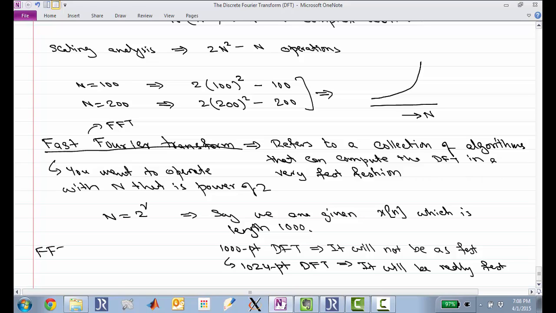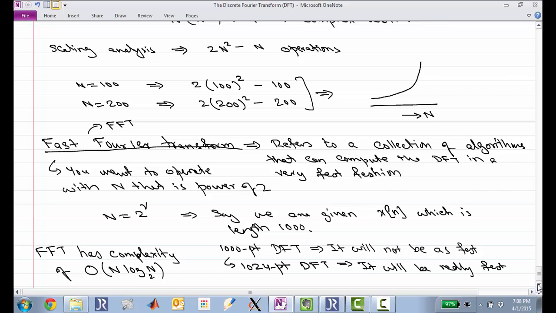Typically, it's said that FFT has complexity, and complexity means number of operations, of, so this notation order means I'm ignoring constants. It's n log n to the base 2. So instead of having n squared, you have n log n.